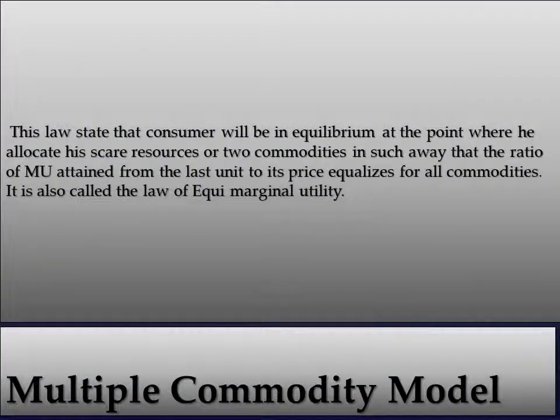The second concept of Cardinal Approach is the multiple commodity model. This law states that the consumer will be in equilibrium at the point where he allocates his scarce resources on two commodities in such a way that the ratio of marginal utility attained from the last unit to its price equalizes for all commodities. It is also called the law of equimarginal utility.